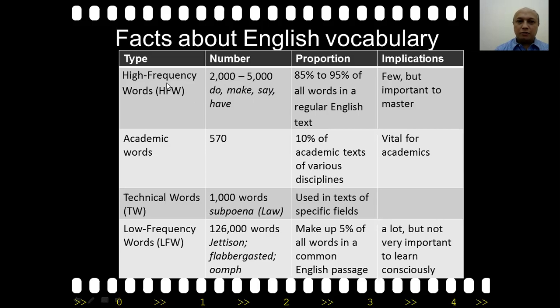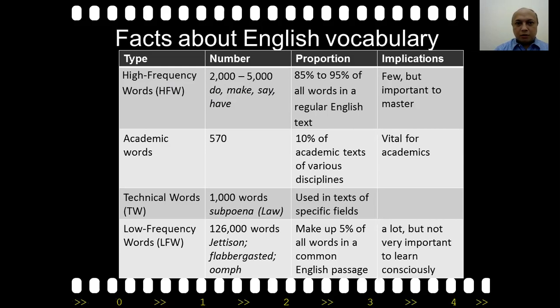This is called high frequency words. Why called high frequency words? Because they occur very frequently. They occur very often in academic English texts, in regular English texts, in conversation. So that's why it's called high frequency words.